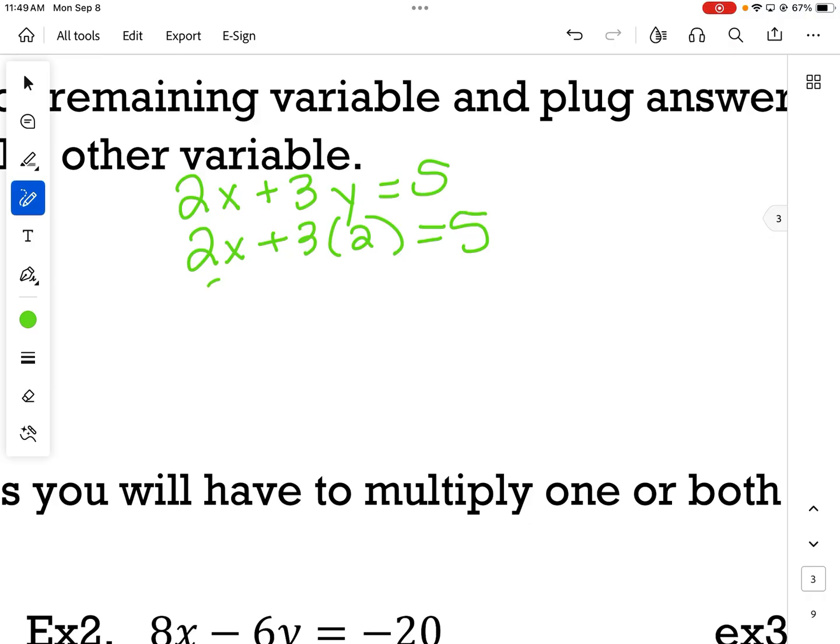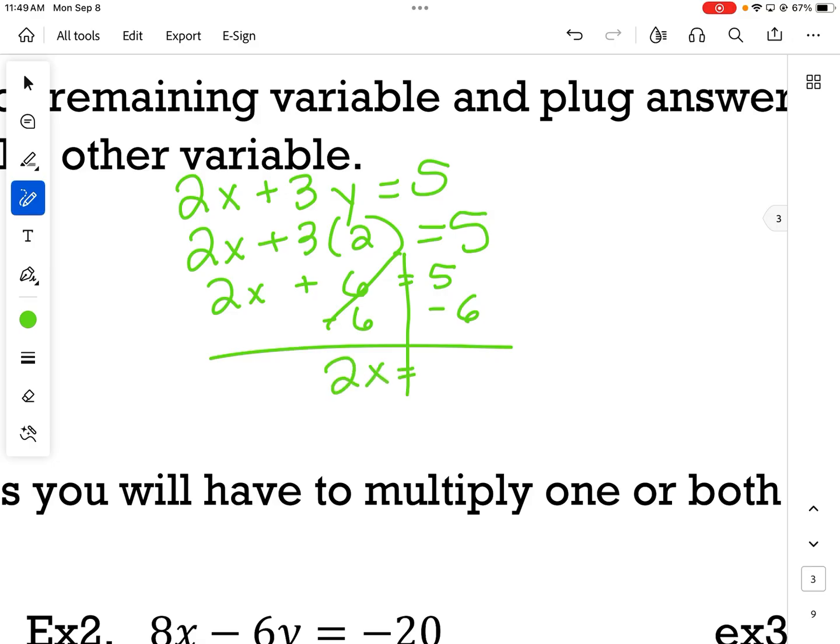We're going to solve it out. So it's really 2x plus 6 equals 5. I'm going to solve that for x. So just a normal equation we solve. So minus 6, 2x equals 5 minus 6. It's negative 1.